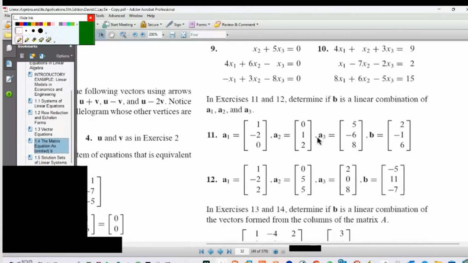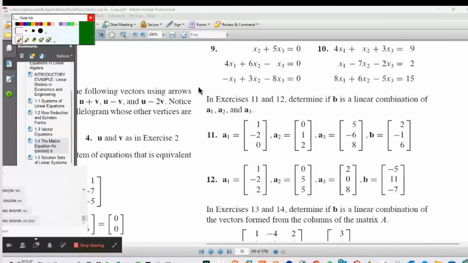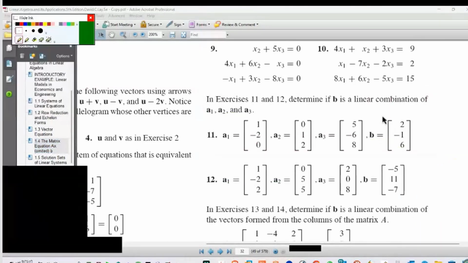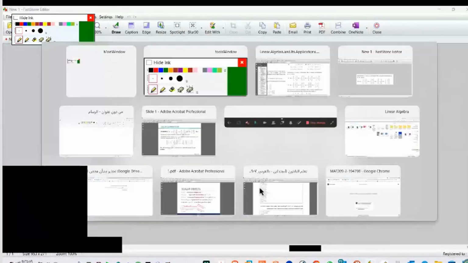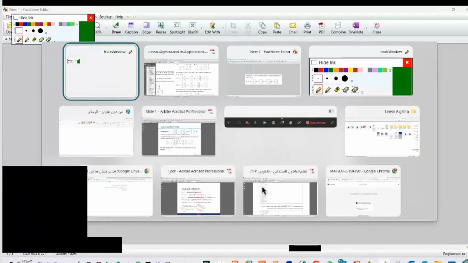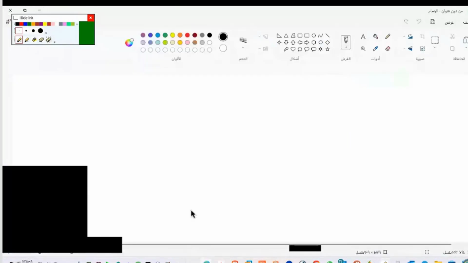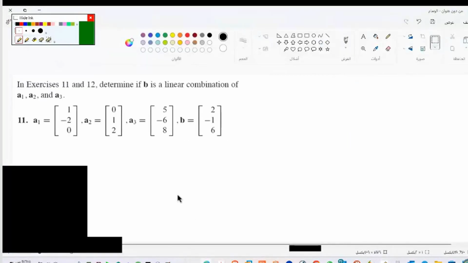Now, this question. In exercises 11 and 12, determine if B is a linear combination of A1, A2, A3. Let's solve together. Determine means solve.